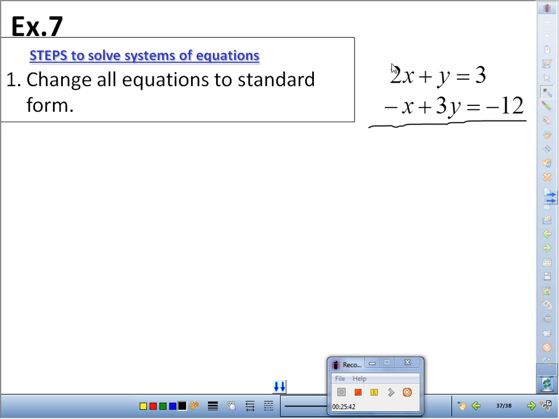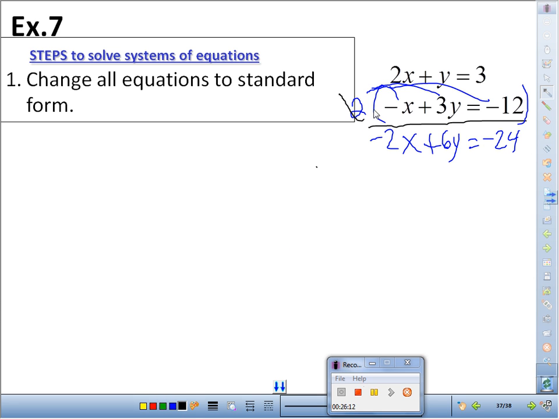But aren't these already positive and negative? So what number should be here in order to eliminate these? 2. So therefore we multiply this equation times 2. So check this out. This becomes negative 2x plus 6y equals negative 24.